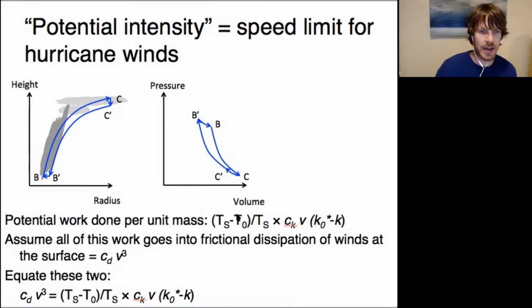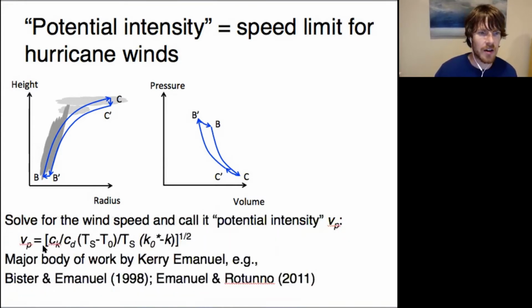And so equating this efficiency multiplied by heat throughput with the dissipation gives you CD v cubed equals efficiency times CK v times an enthalpy disequilibrium. And then solving for the velocity gives you what we call the potential intensity, which is given by a ratio of enthalpy to drag coefficients, and a thermodynamic efficiency and an enthalpy disequilibrium raised to the half power.